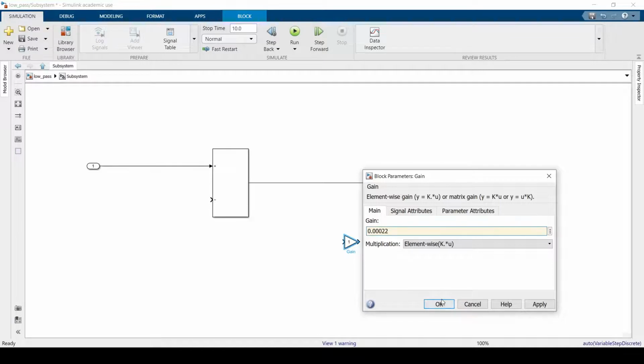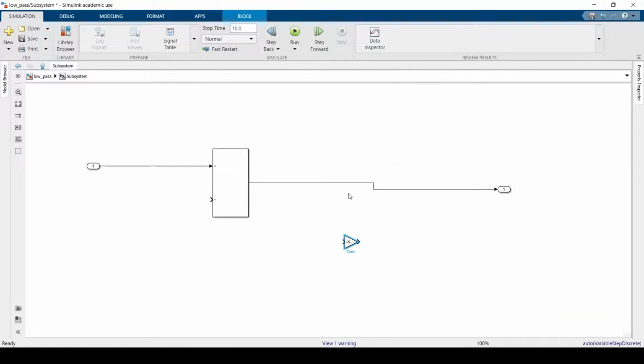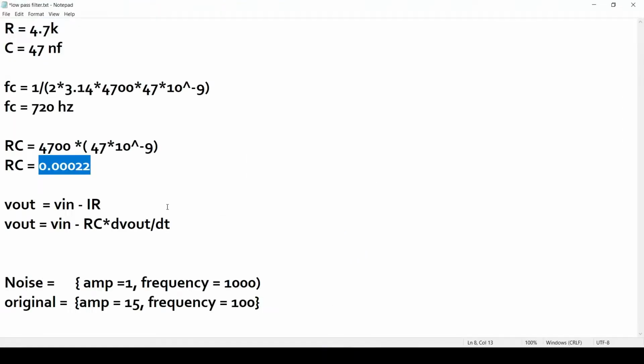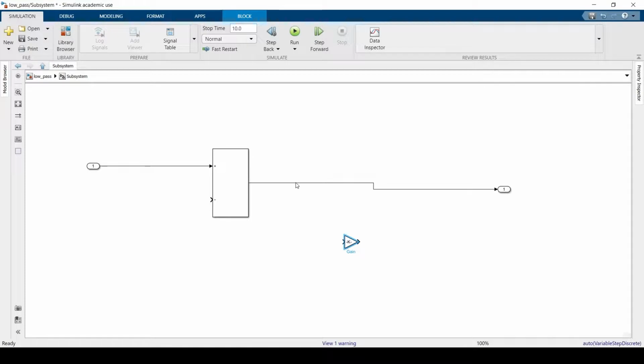This is the gain. Press OK. Okay, and I got the gain, and there should be a derivative, right? This derivative is multiplied by this gain. So let's take a derivative, a discrete derivative.